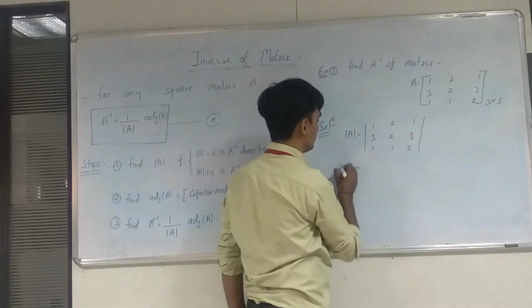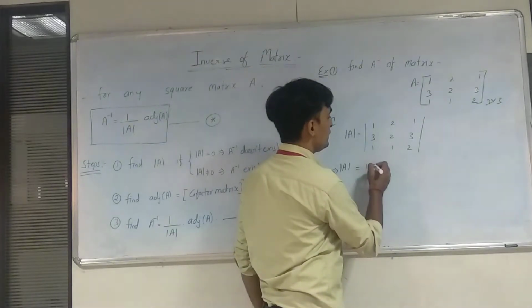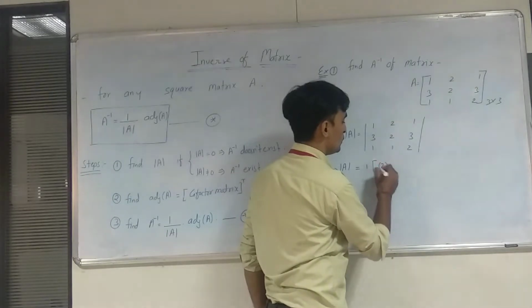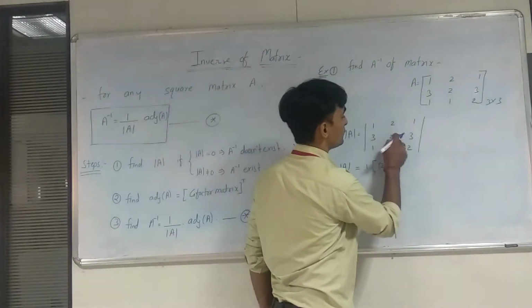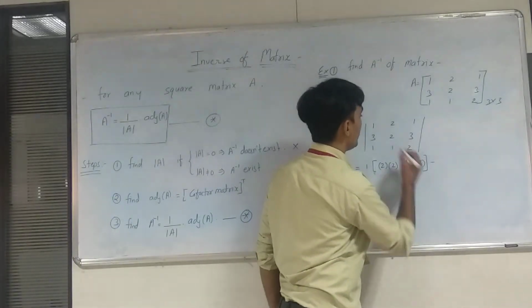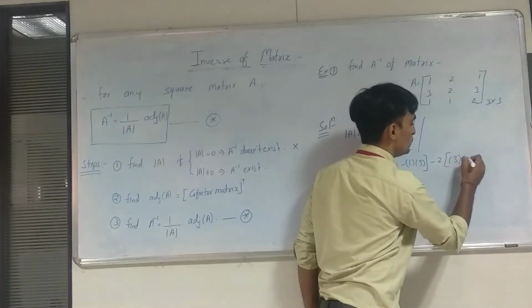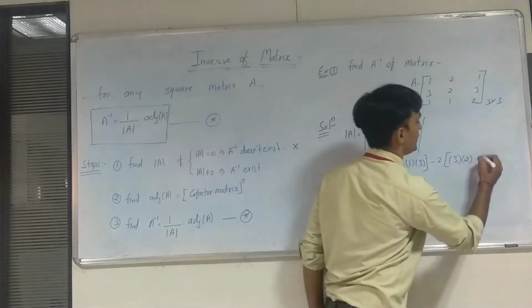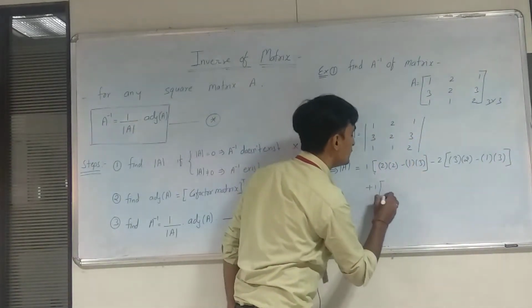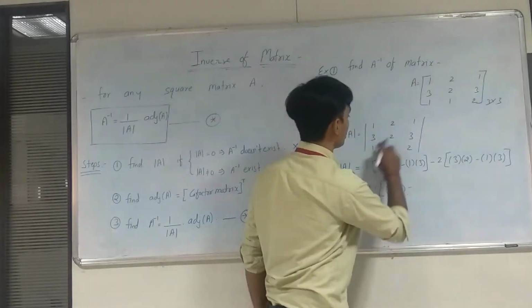Determinant of A equals 1 into (2 into 2 minus 1 into 3), minus 2 into (3 into 2 minus 1 into 3), plus 1 into (3 into 1 minus 1 into 2).